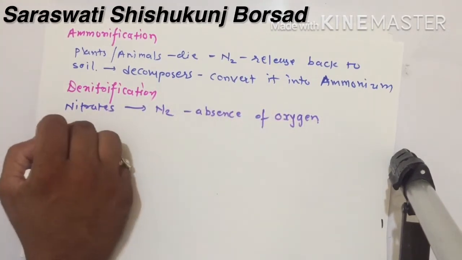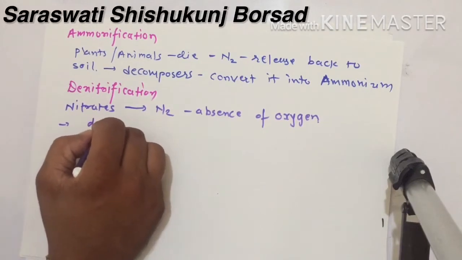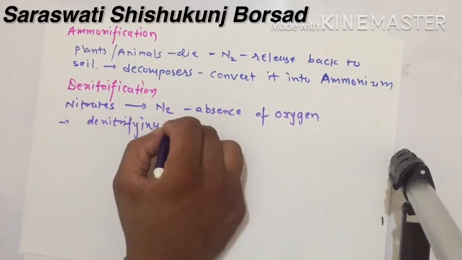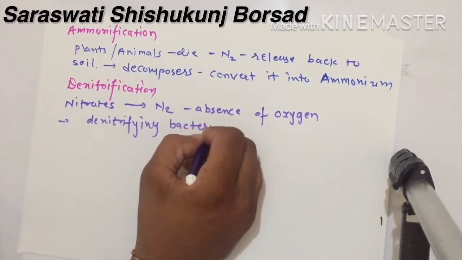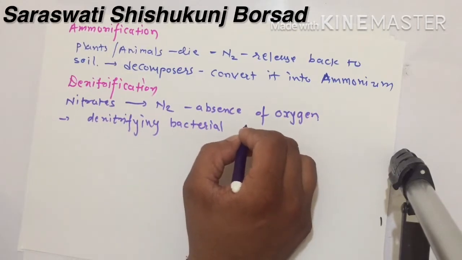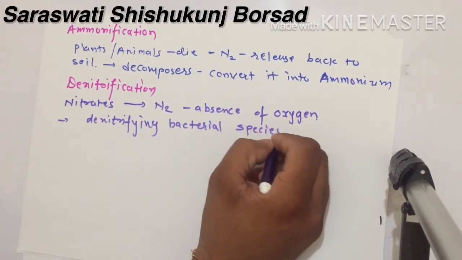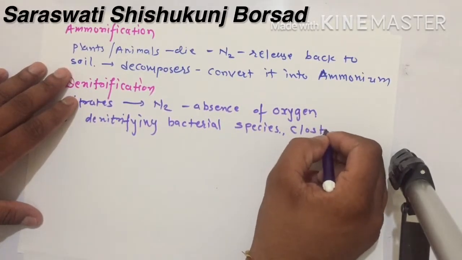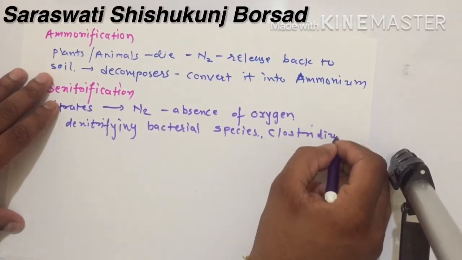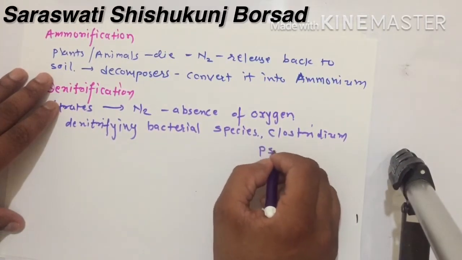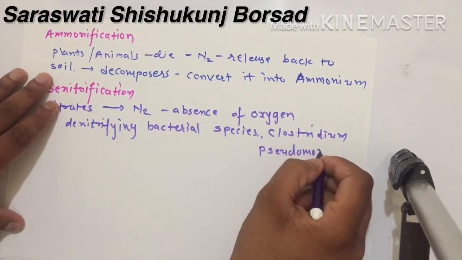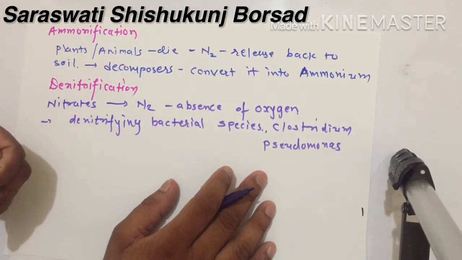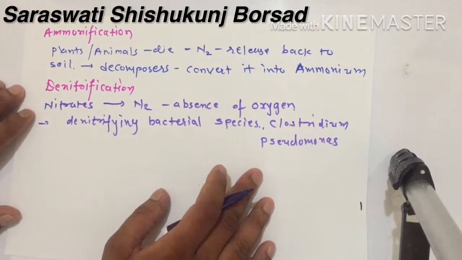This is done by different denitrifying species of bacteria, like Clostridium and Pseudomonas, which will process nitrates to gain oxygen and give out free nitrogen as a byproduct.